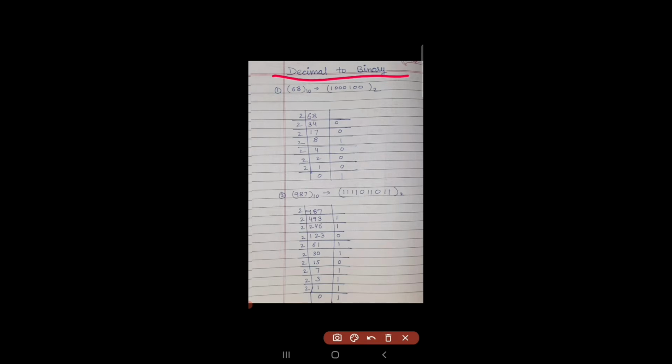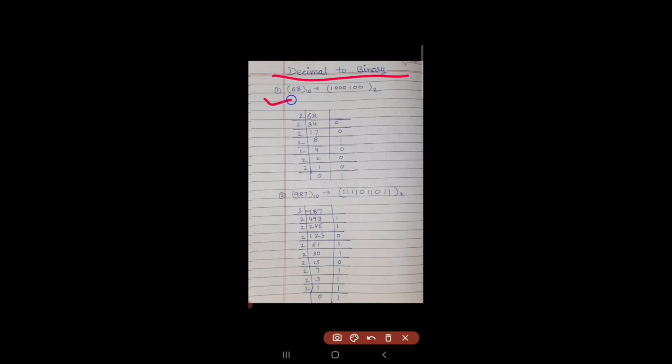First is number 68. I have explained in the live class how to convert a decimal number to a binary number. This is your homework and it is being done by me so that you can check it. So first you try it on your own and then check it from the given screen.